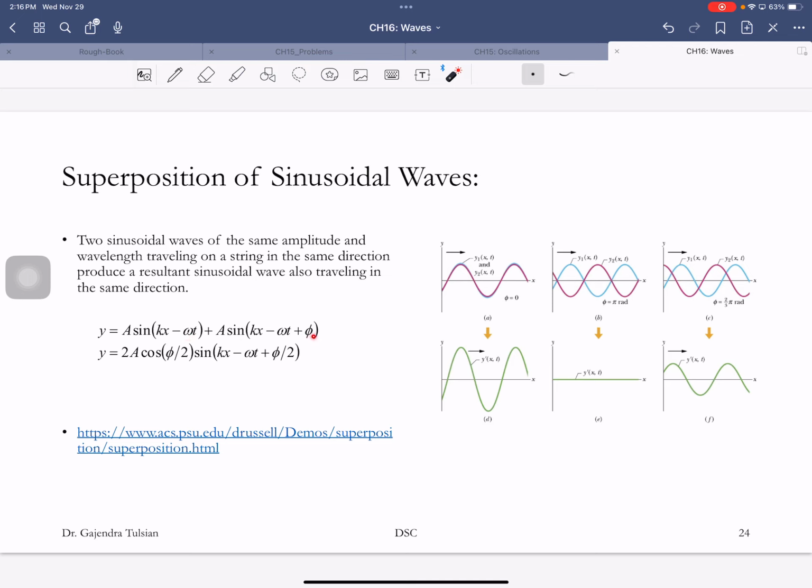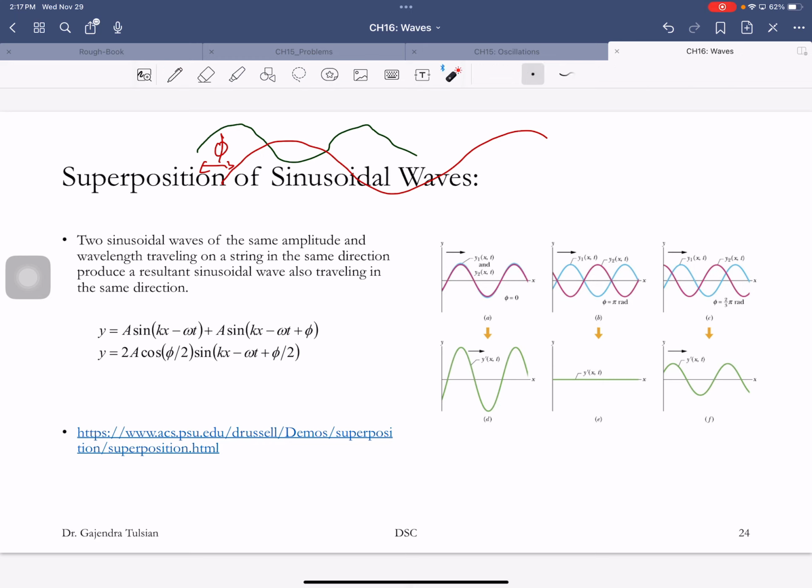What is this guy? A sine wave traveling to the right with a phase shift. What that does is the following. So here's one wave, and here's the phase shifted wave. And this is phi. That's the phase shift.